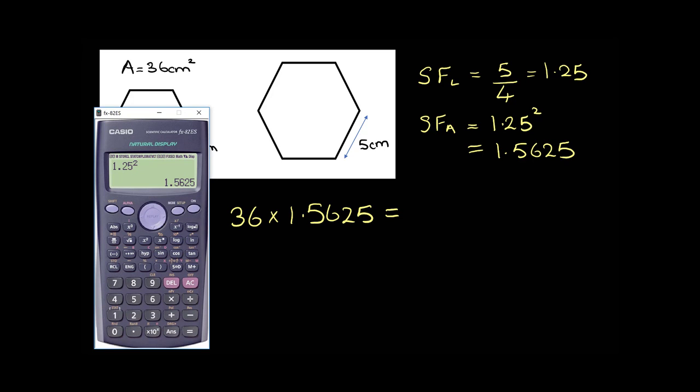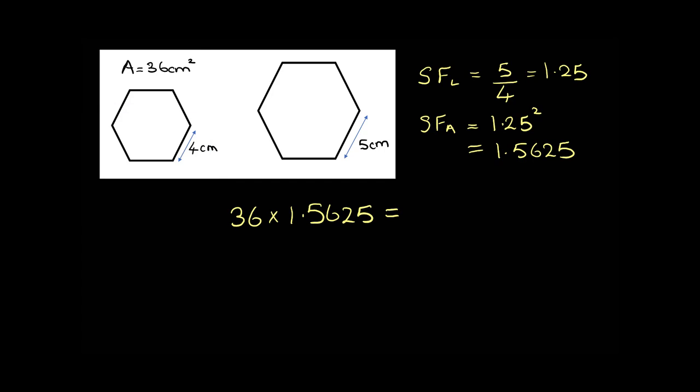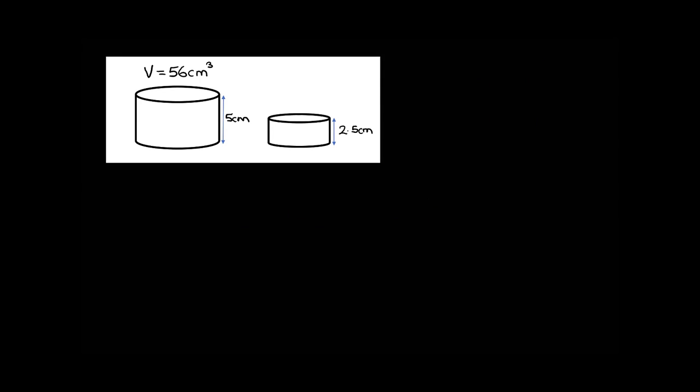We've already got the answer from before on there, so we're just going to do answer times 36. And that tells us that the area of the large one is 56.25 centimetres squared.